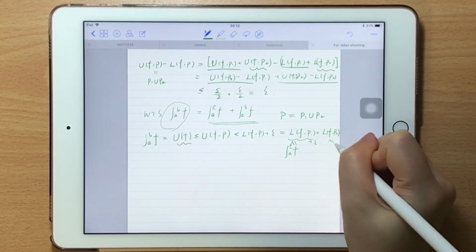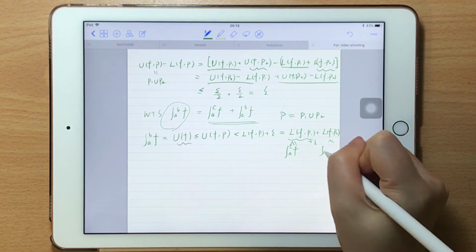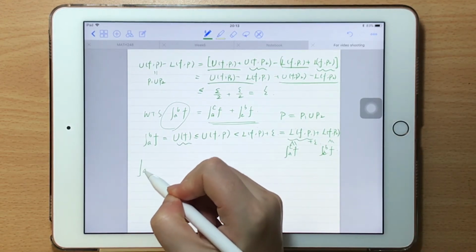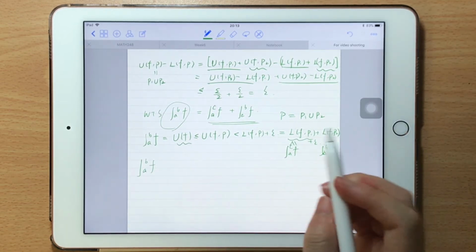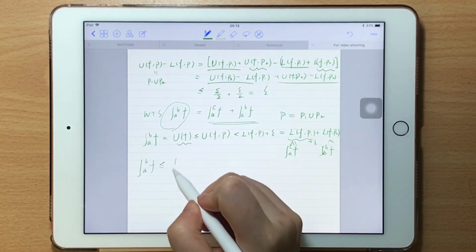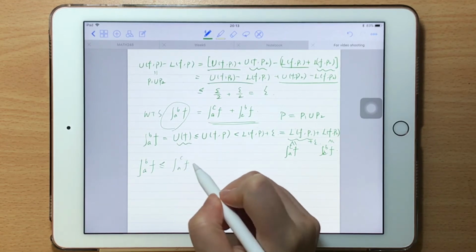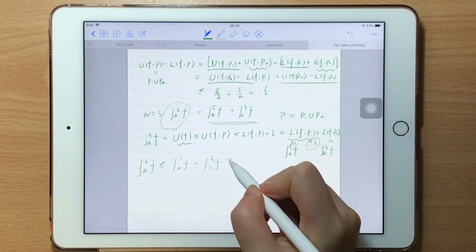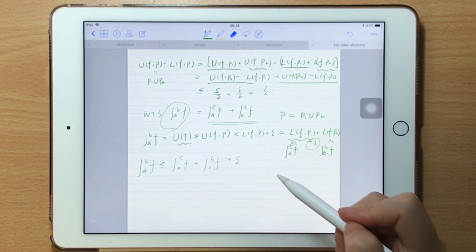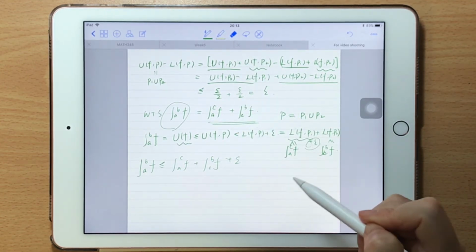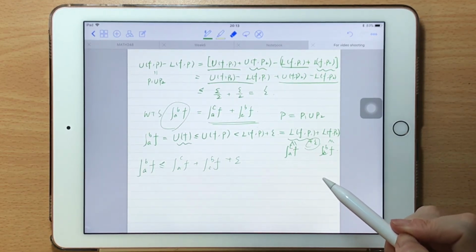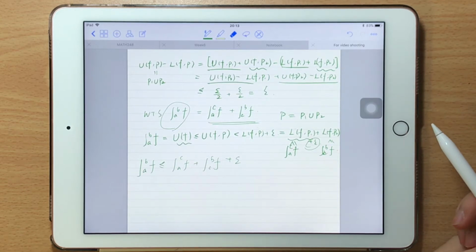And L(f,P2) is smaller than the integral of f on CB. So we show that the integral of f on AB is smaller or equal to the integral of f on AC and CB. We have also an epsilon, but it doesn't matter if you take it away, right? Because epsilon can be extremely small.